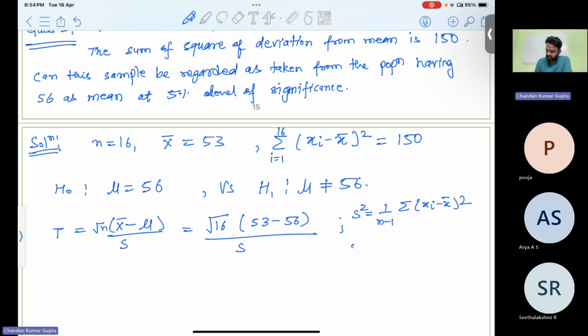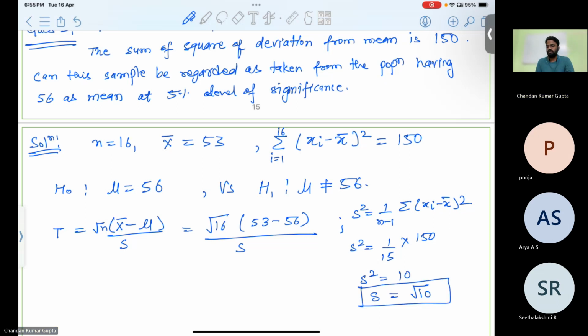So that means S square is 1 upon 15 into 150. S square is equal to 10. So S will be root of 10. So we use the value here directly, root of 10.